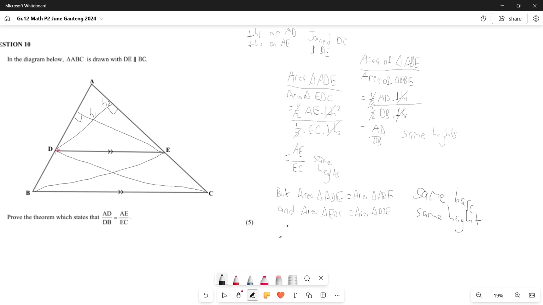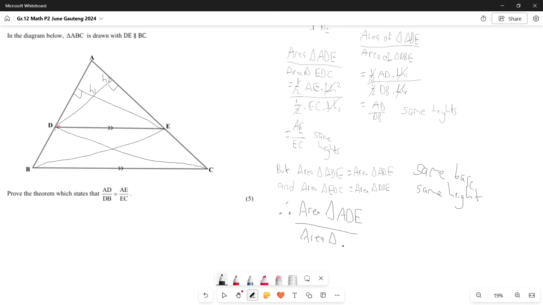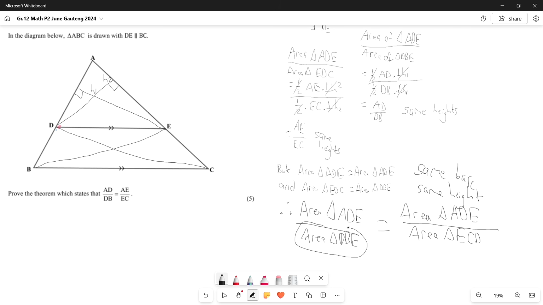And therefore we have area of triangle ADE over area of triangle DBE equals area of triangle ADE over area of triangle ECD. And because this one is the same as this one, it's like we're saying that they're both over 1. They're both over the same base, so we can just drop them.